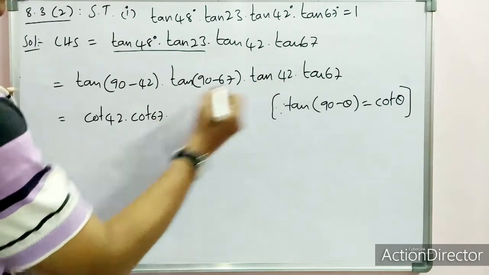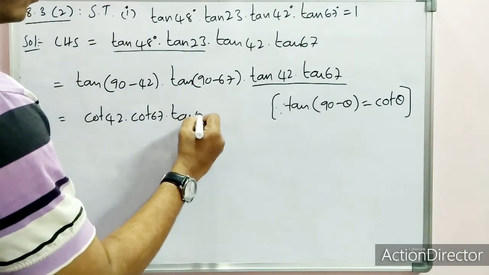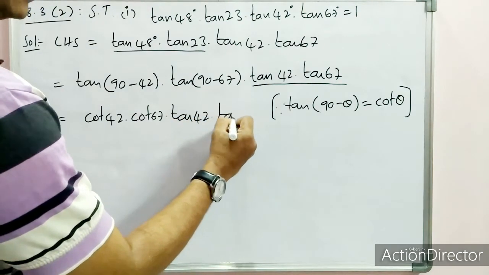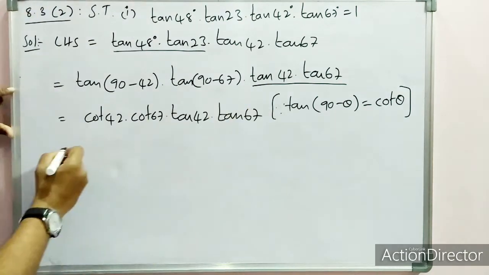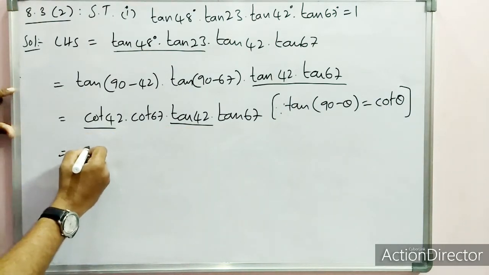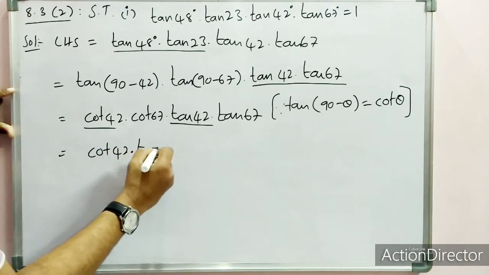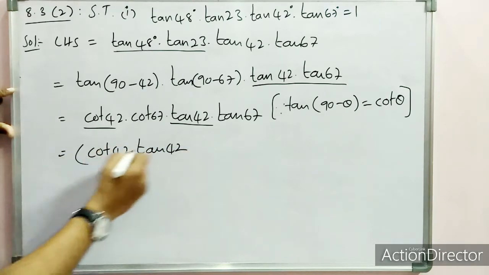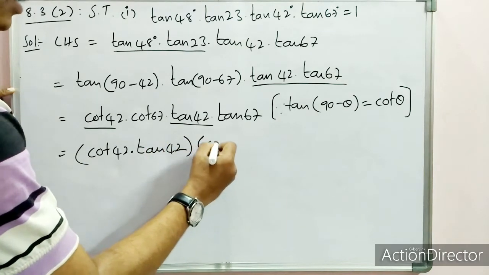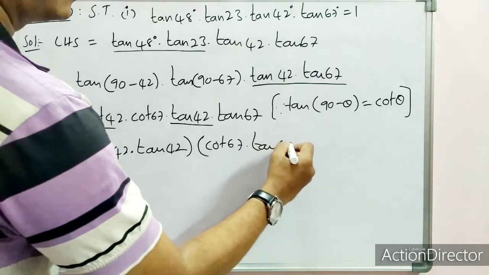Now you write these two as they are, that is tan 42 and tan 67. Now you see cot 42 and tan 42, write at one place, cot 42 into tan 42, and similarly cot 67 into tan 67.